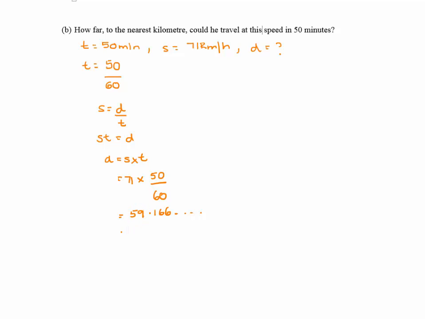Well, that means I'm rounding to the nearest whole number. So the answer to this is going to be 59 kilometres. And it's a word question, so therefore I should have a word answer. Therefore, he can travel 59 kilometres in 50 minutes.